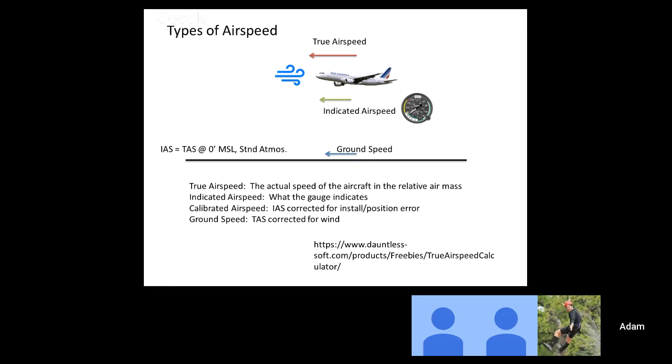So when the aircraft manufacturer designs and certificates an aircraft, all of the testing and the data and the performance standards that you get to see in the operating handbook are based on true airspeed, because that is the aircraft's actual speed in the air, and they want the published performance to be indicative of how fast the aircraft actually flies in the actual air mass.